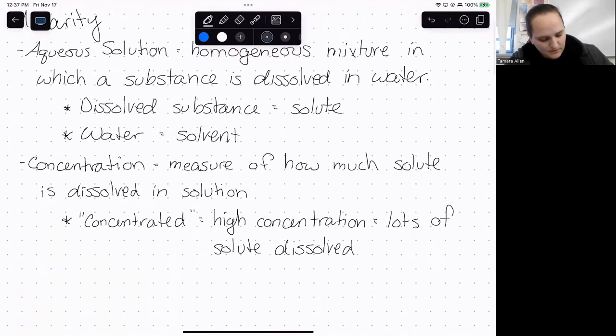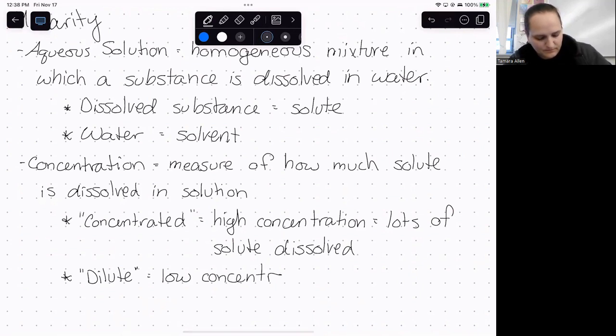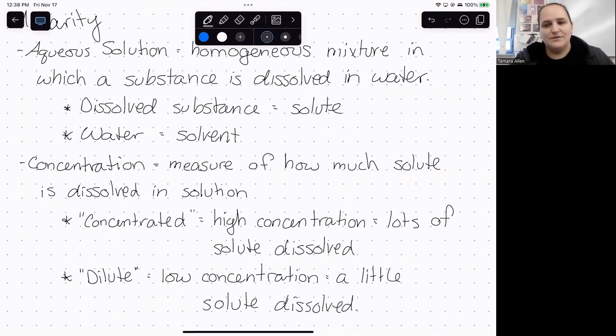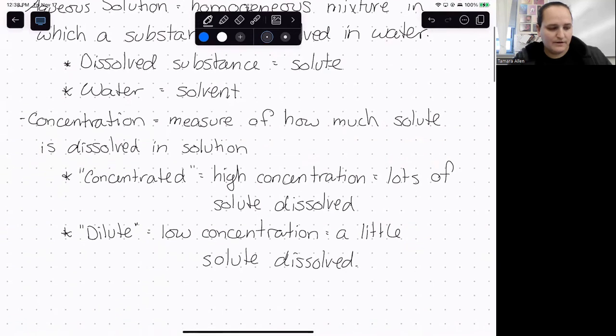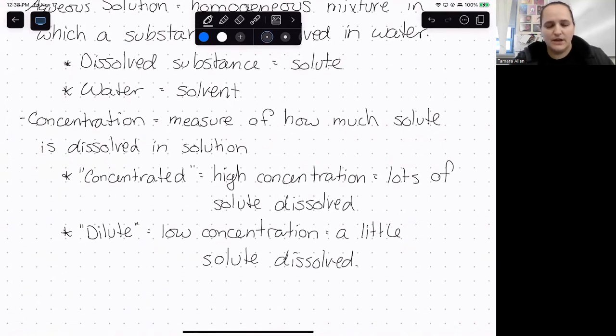Or we can refer to a solution as being dilute to mean that it has a low concentration, or just a little bit of the solute dissolved. And what exactly constitutes high or low or a lot or a little is very context dependent. And these are just qualitative terms anyways.